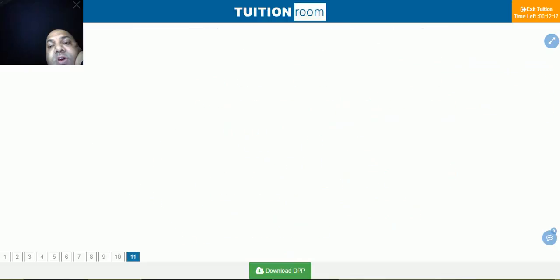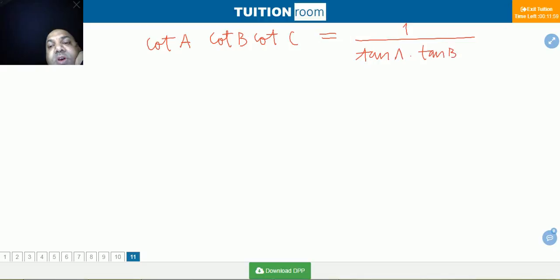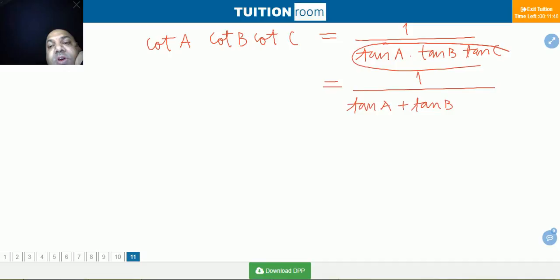We are required to find cot A into cot B into cot C. It can be written as 1 upon tan A into tan B into tan C. And one thing is very simple: in any triangle, the product can be written as the sum, tan A plus tan B plus tan C. Now 1 upon tan A plus tan B plus tan C, it is given as 7 in the problem.